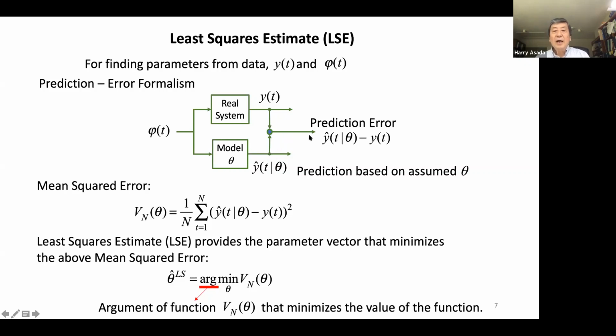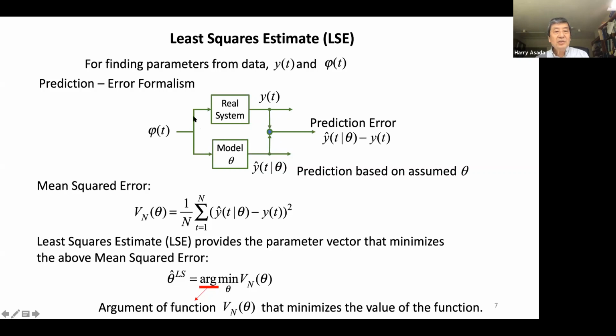If the model structure is correct, then if you see error, it should be caused by some inappropriate value of the parameter theta. So you can find the theta so that this error may be reduced. We do this for many data points and then find the theta value that fits best to the actual data.